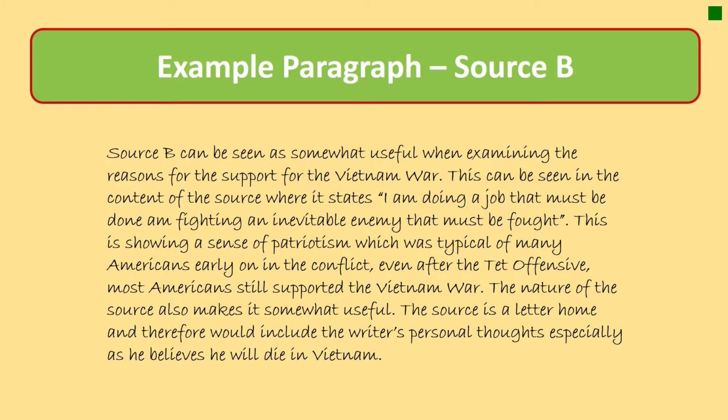This is showing a sense of patriotism that was typical of many Americans early on in the conflict. Even after the Tet Offensive, most Americans still supported the Vietnam War. The nature of the source also makes it somewhat useful. The source is a letter home, and therefore would include the writer's personal thoughts, especially as he believes he will die in Vietnam.